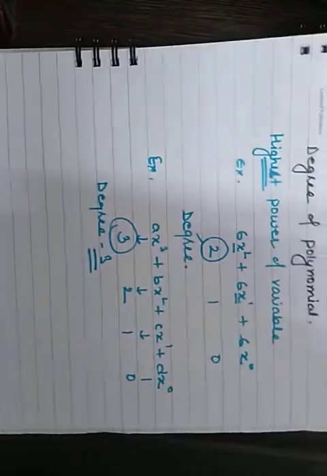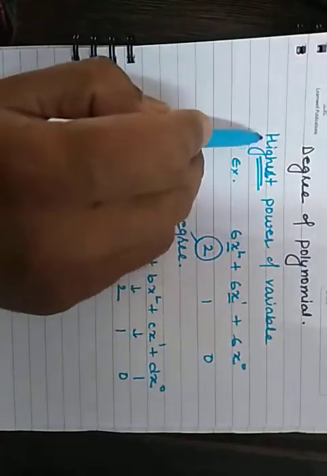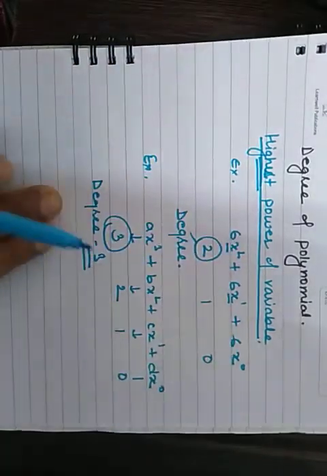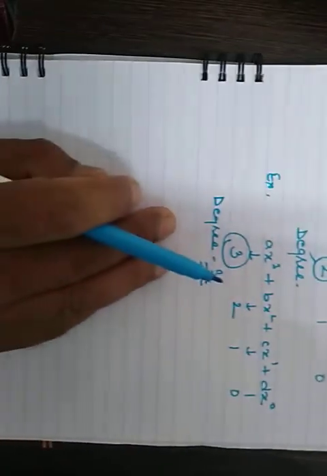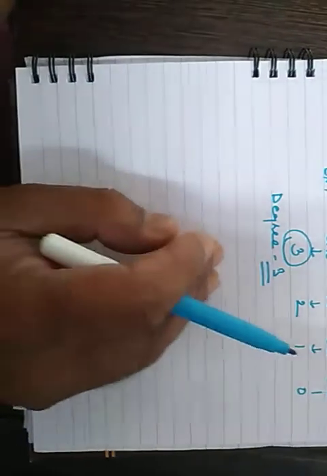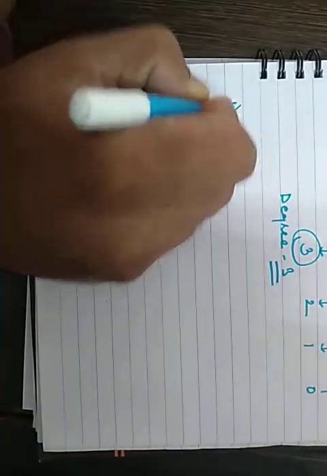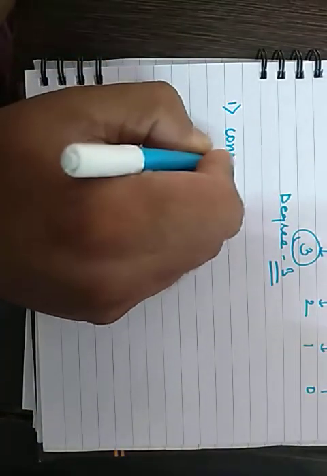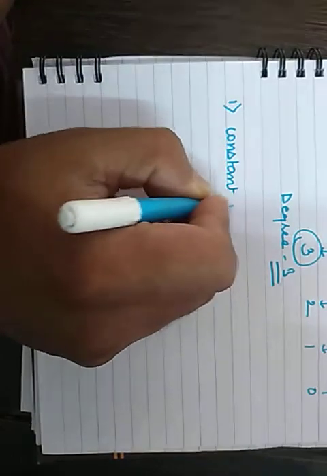So just remember that the degree means the highest power of the variable, and according to the degree we can classify the polynomial as a constant polynomial.